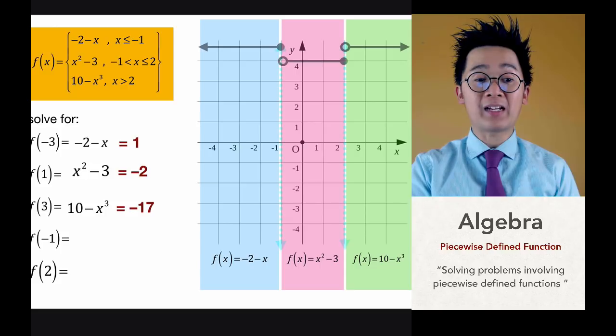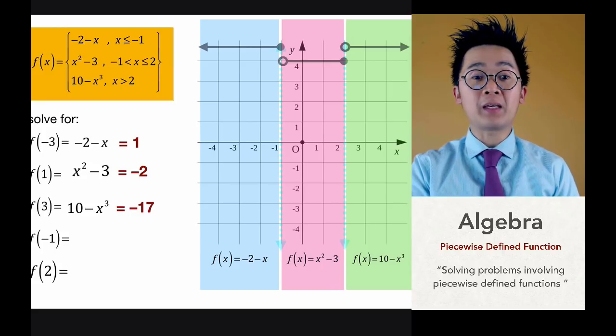And for f of -1, now -1, as we know, is in the blue region, because at exactly -1, we're not going to be able to use x squared minus 3 because it's not included in our domain or x value for this particular function.